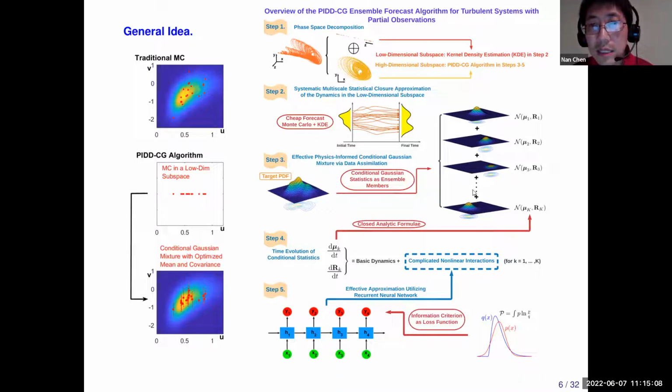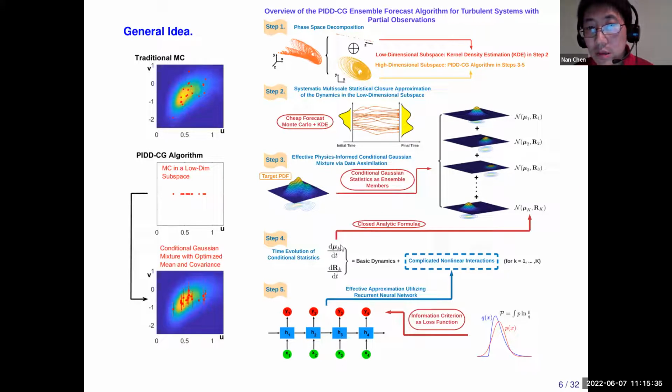And then, instead of forecasting this high-dimensional subspace directly, what we want to do is forecast the conditional mean and the conditional covariance instead. And the nice thing about this framework is that we can actually write down the closed analytical formula of the time evolution of this conditional mean and the conditional covariance.